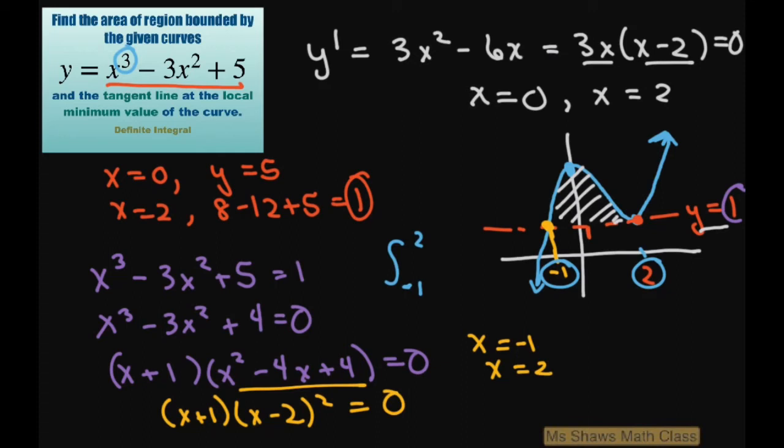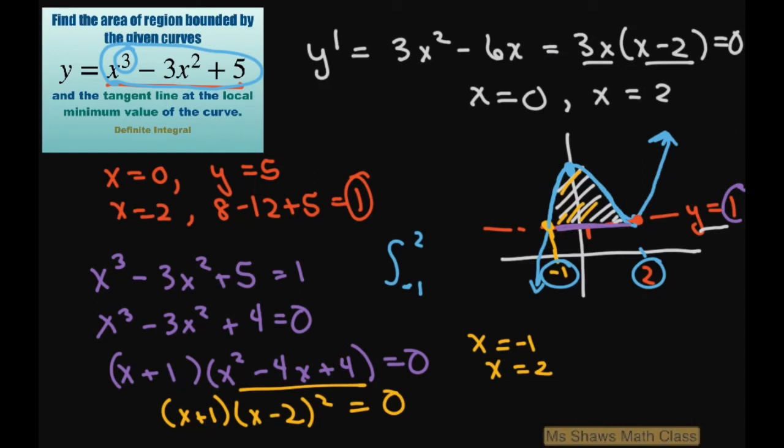Since we're doing this with respect to x, we go from top to bottom. The curve bounding the shaded region from the top is this curve, and the line bounding it from the bottom is y equals 1.